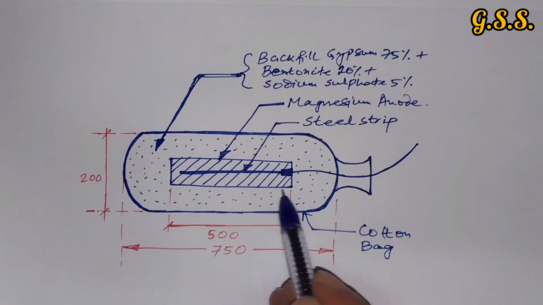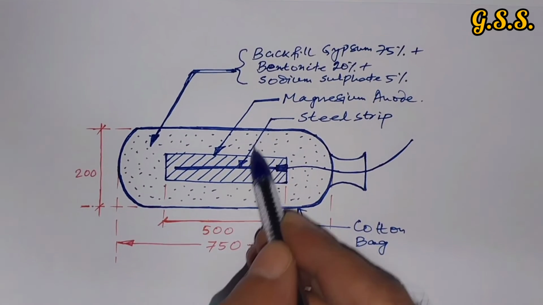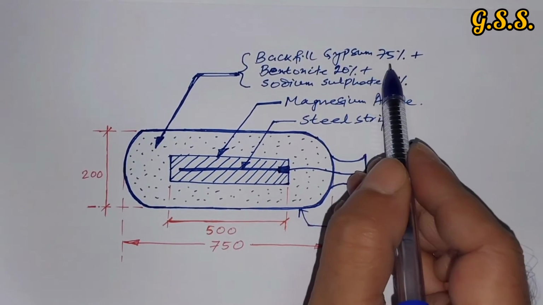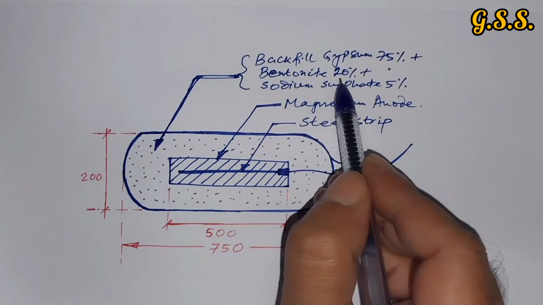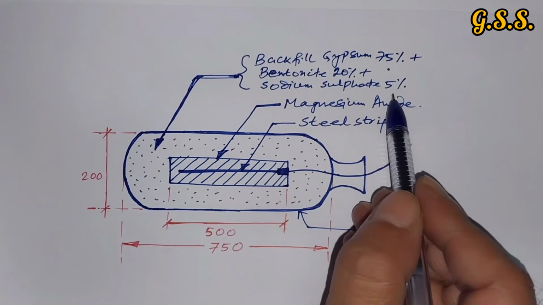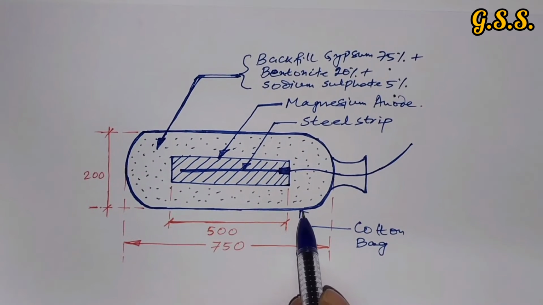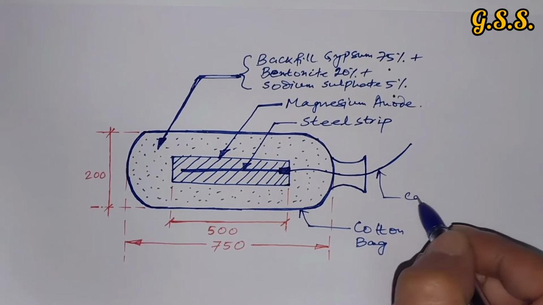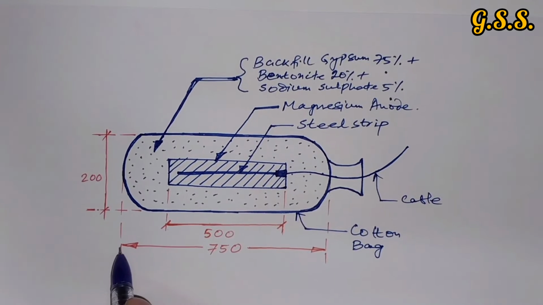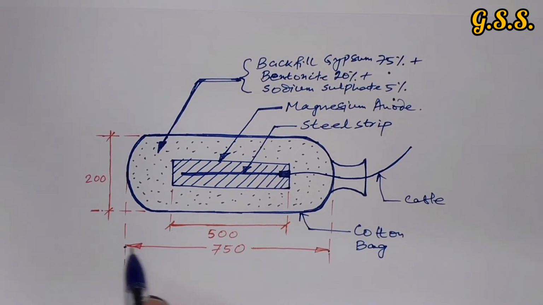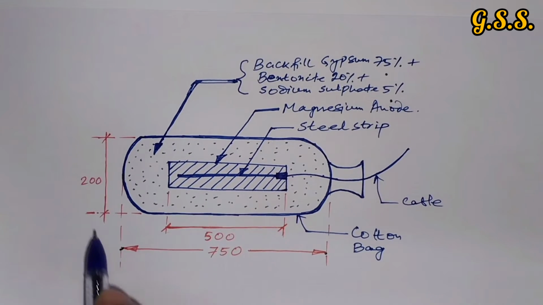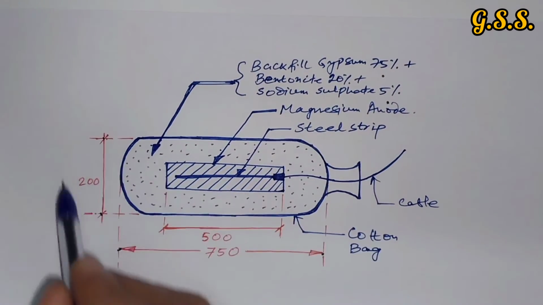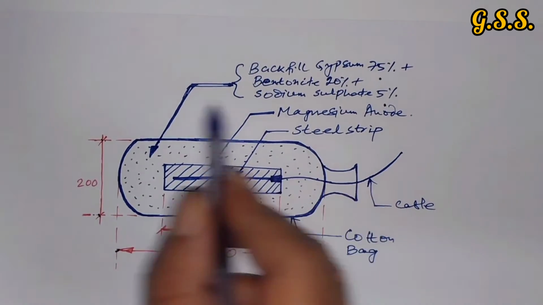This is the magnesium anode and this is the steel strip, and this is backfill gypsum 75% plus bentonite 20% plus sodium sulfate 5%, and this is the cotton bag, and this is the anode cable. The overall dimension of this magnesium anode is 750 millimeter and diameter is 200 millimeter. This is the entire assembly of the sacrificial magnesium anode.